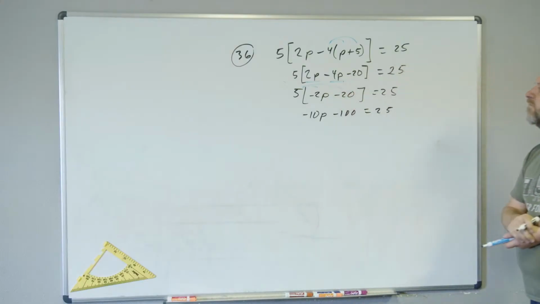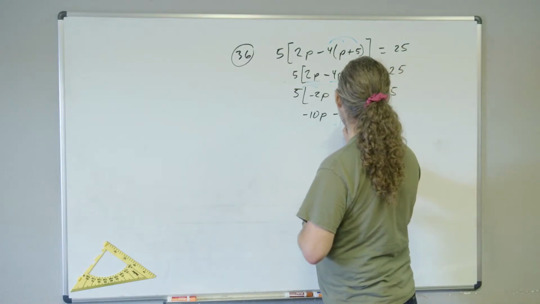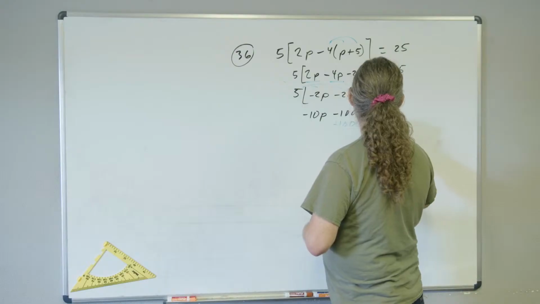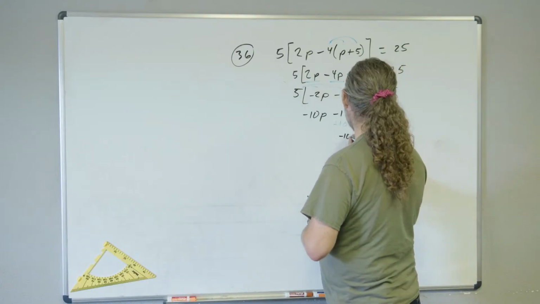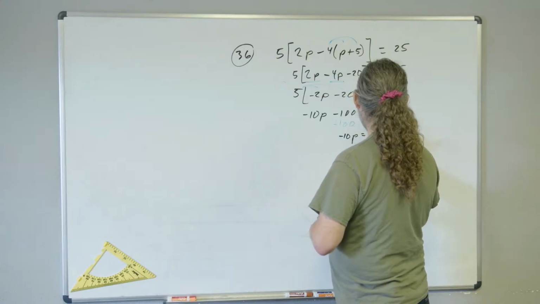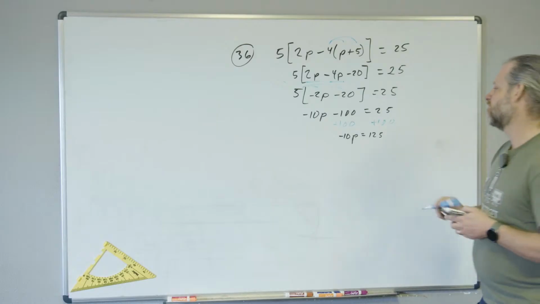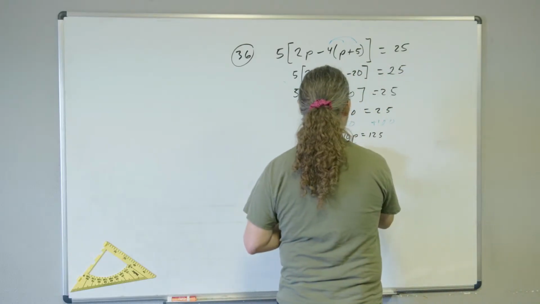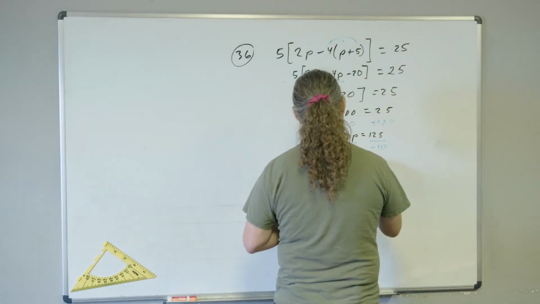What now? Plus 100. So negative 10p equals what? 125. Now what? Divide by negative 10. So what does p equal?